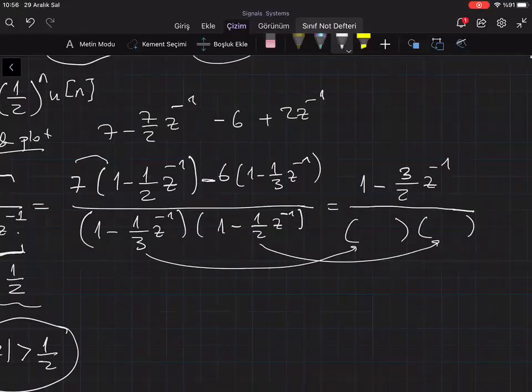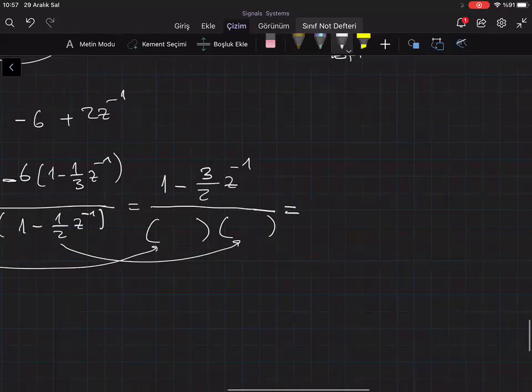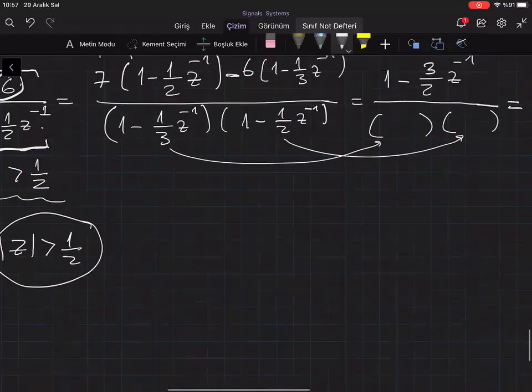Şimdi, I'm done with my Z transform calculations. Now I want to talk about two new terms, which are called pole and zero. Now I have my Z transform like that. Let me write it once more here.